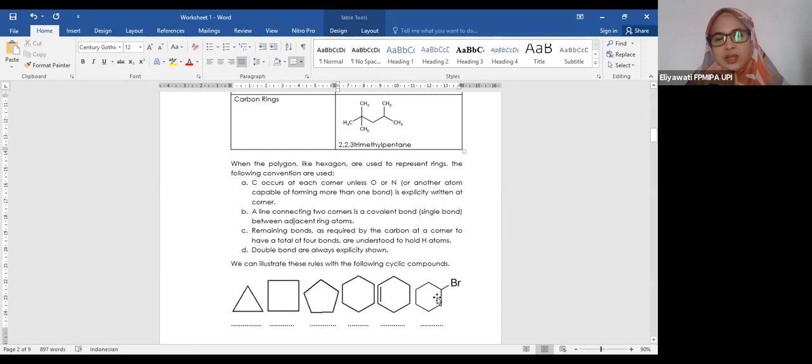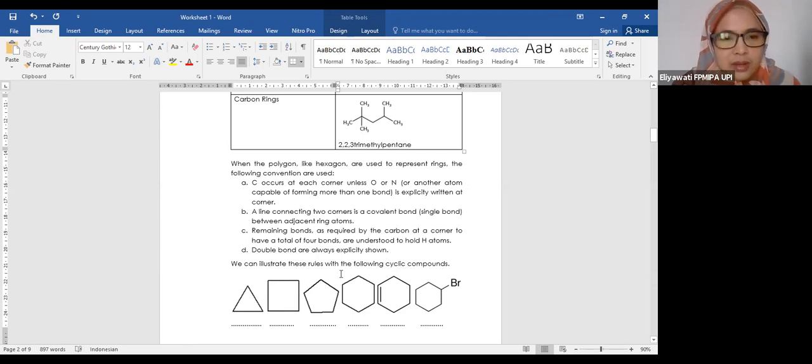But for chemistry, when we see the pictures, we will think about the chemical formula inside the pictures. What is the chemical formula? So this is called a polygon. Let's determine the name. The other name for cyclic compound is carbon ring.